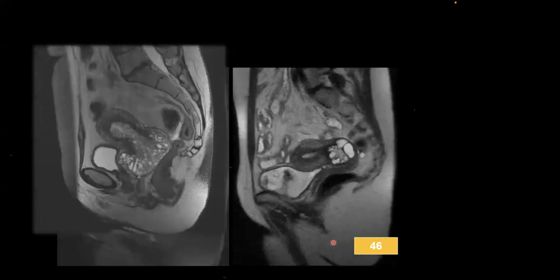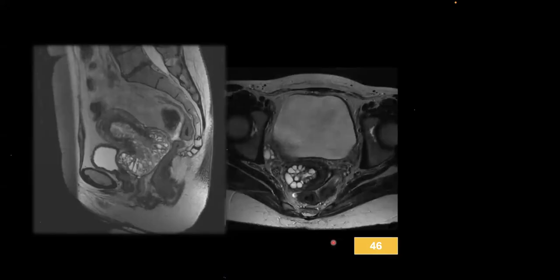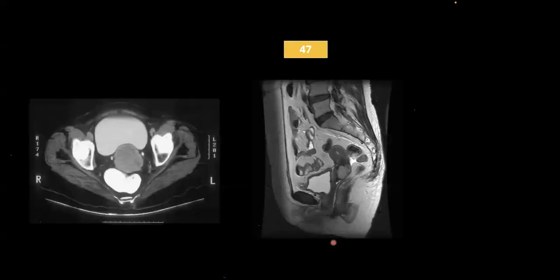One more image for the same. Okay, one more. Yes, all of you are getting it correct. Very nice. 47, an easy one.